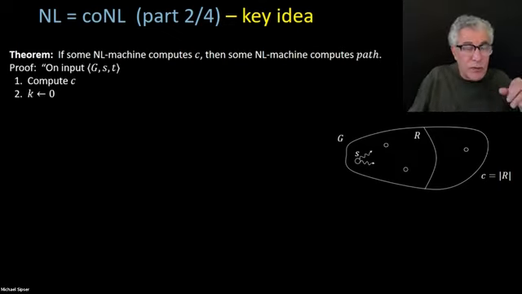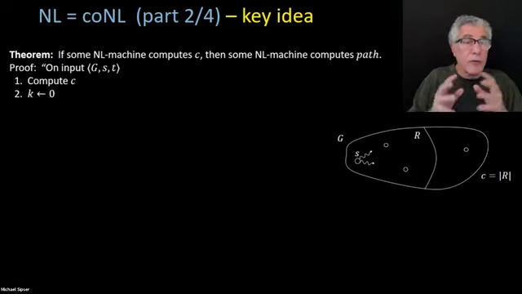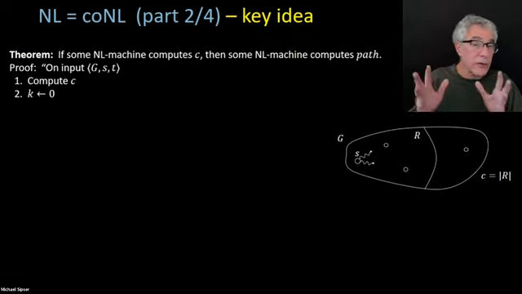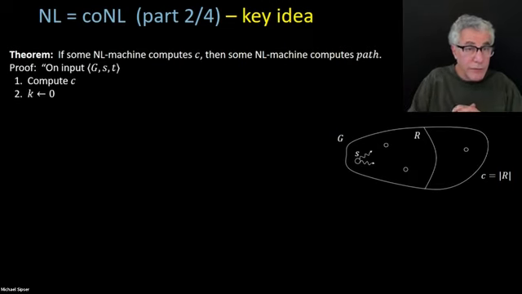Since we're a little short on time, suppose I tell you there are, in this graph, 100 nodes reachable from S. So C is 100. There's 100 reachable nodes. Now I'd like to know about this particular node, T. Is that reachable from S?